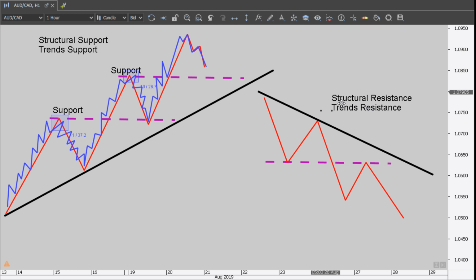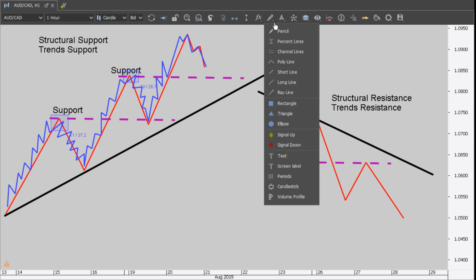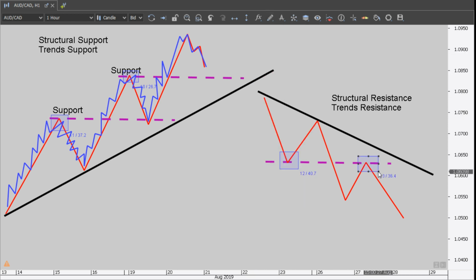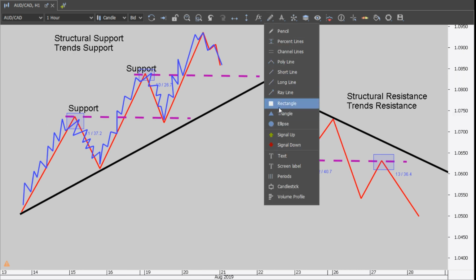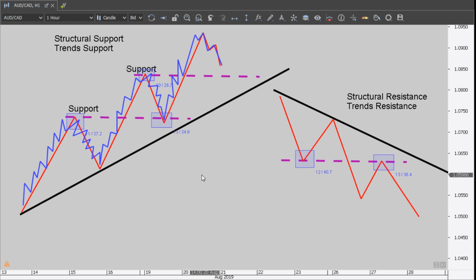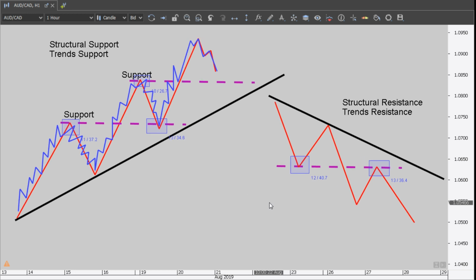Okay, you have both also when the trend is down. So you have the relevant low on the structure, you have the relevant high on the structure, right? So there you go, relevant highs, relevant lows.